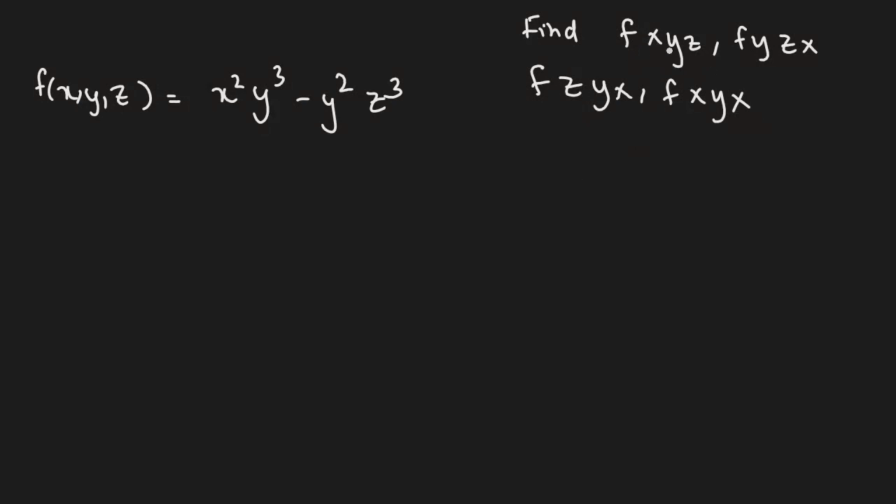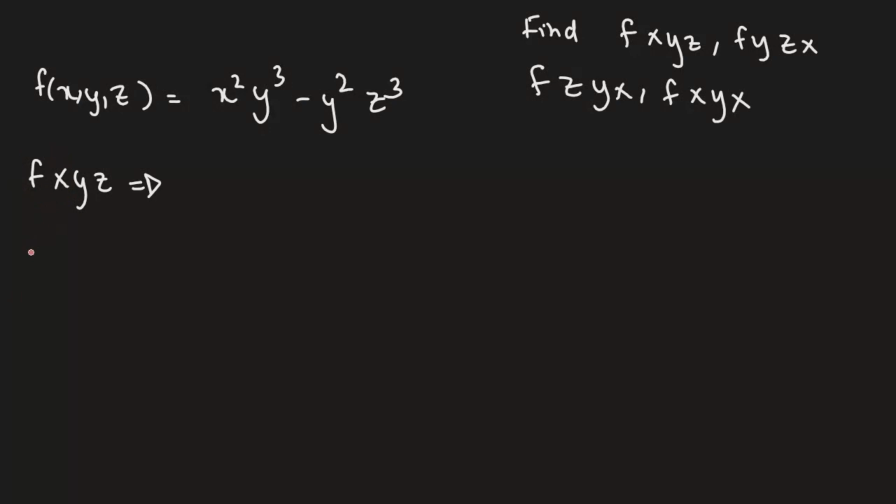So first let's calculate f of x, y, z. To calculate this, we do the same thing. First we see there is f of x first, right? So we are going to calculate f of x first.